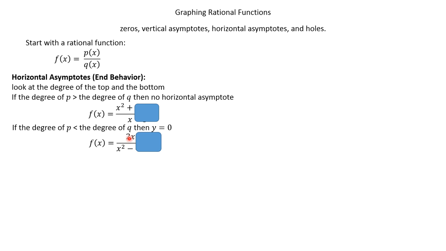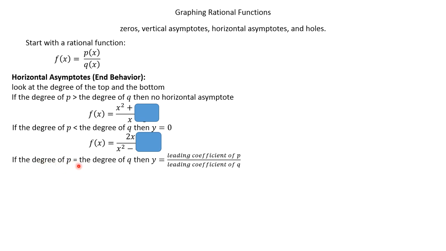And we could cancel this to be 2 divided by x. Well, as x is getting really, really big, 2 divided by really, really big numbers gets really, really little. It just becomes 0. And so we end up with y equals 0 as our asymptote. And then the third possibility, what if they're equal?